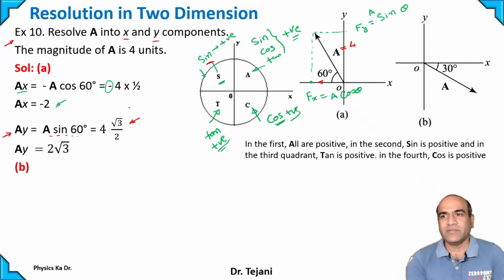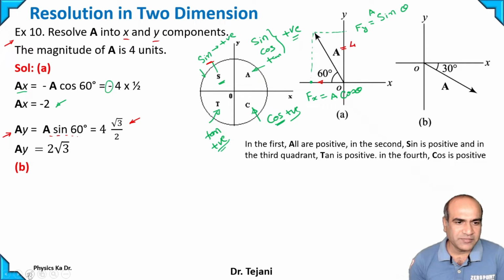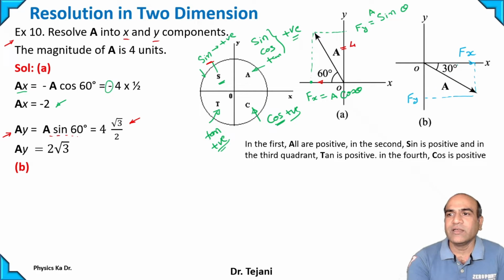Let's do the same for the second drawing, part B. Along the x direction that gives Ax, and that gives Ay. What is the equation of Ax? The angle is near, so it becomes A cos theta.